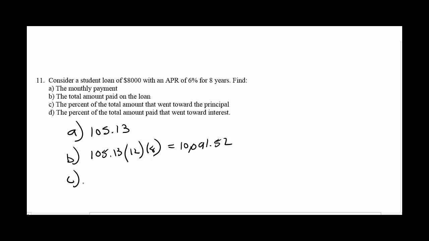Part C, the total percent that went towards the principal. Okay, so if I paid $8,000 or $10,000 and the principal part was $8,000, so what percent of my loan would have been that? So that's the 8,000 divided by the 10,091.52.